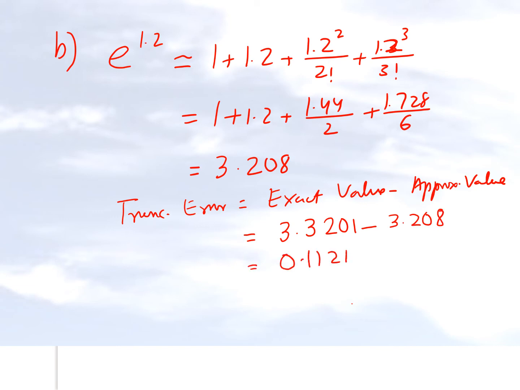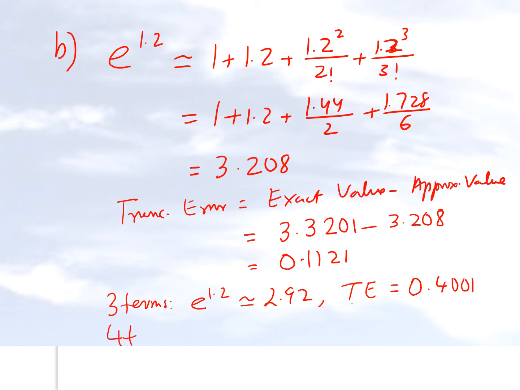So there's a specific reason why I chose a problem which has two parts to it, because I wanted to show you that as you take more terms in the series, you get a better approximation. So when we have three terms, e to the power 1.2 turned out to be 2.92 with a corresponding truncation error of 0.4001.